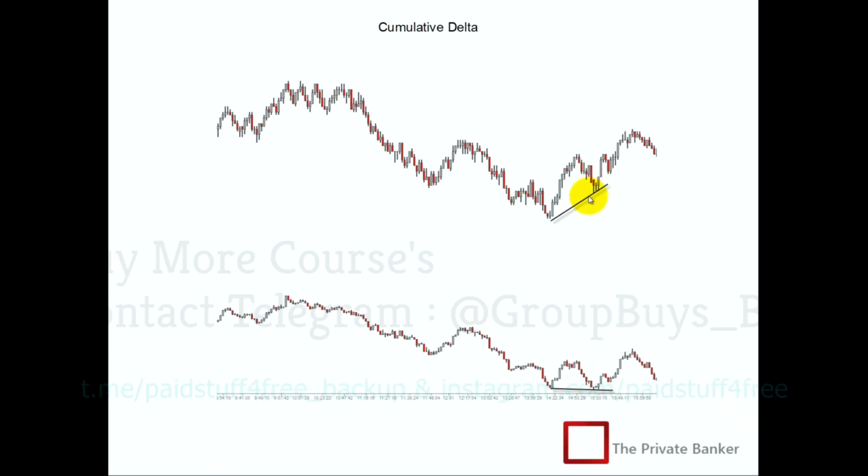It does not go any lower. So what does that tell us? Well, sellers are not being successful with hitting the bid lower. They're not seeing success with this market trading lower. And what's happening is buyers are stepping in and they're absorbing the sellers. So as these guys are hitting the bid, trying to push the market down, buyers are actually absorbing those sell orders and keeping price from dropping.